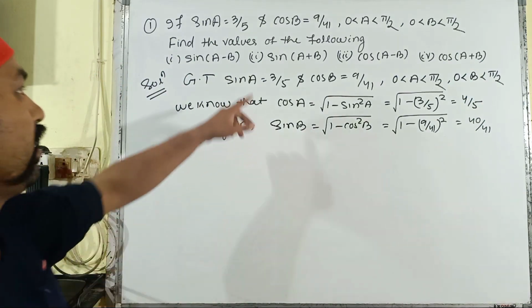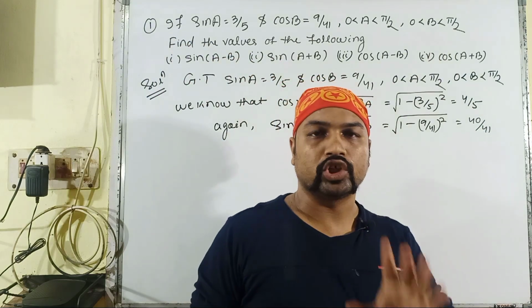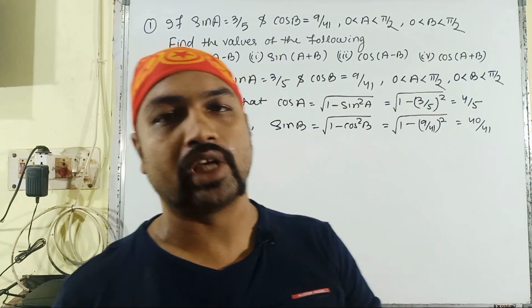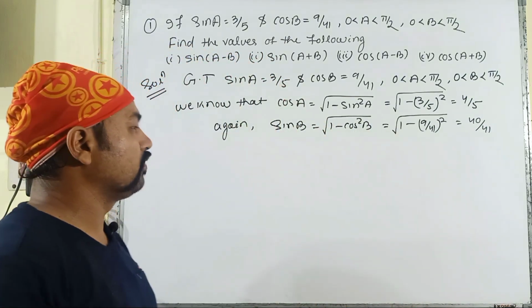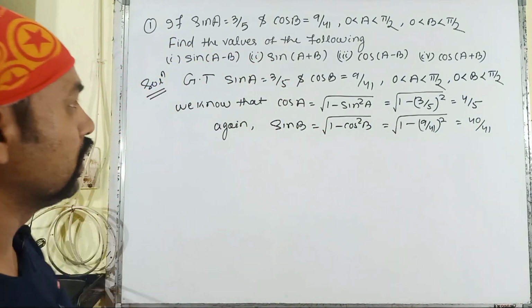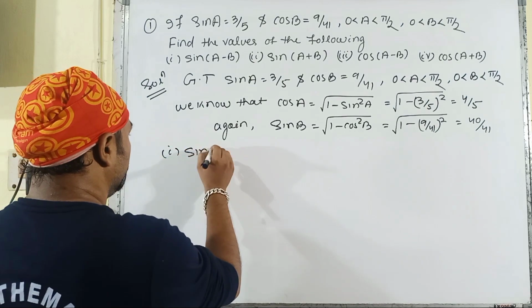As we have to determine sin(A minus B), sin(A plus B), cos(A minus B), cos(A plus B), we just have to find the values of sin A, cos A, sin B and cos B. And these four trigonometric values are here, so that we can determine the first value, sin(A minus B).